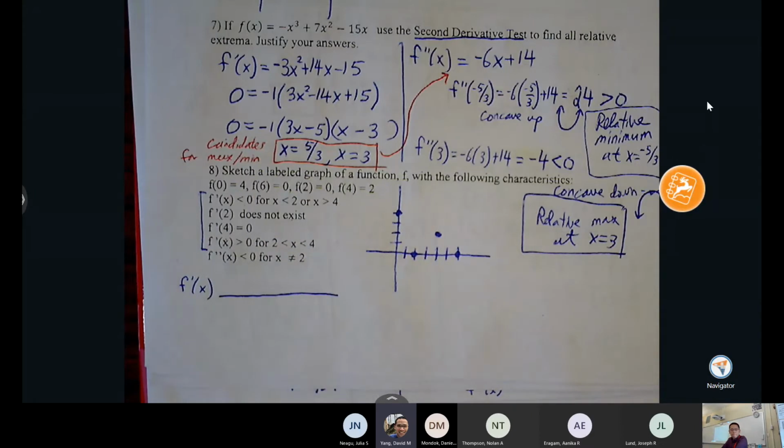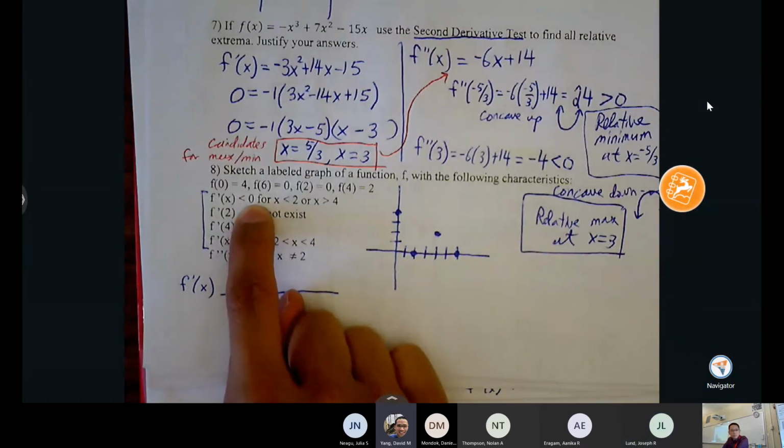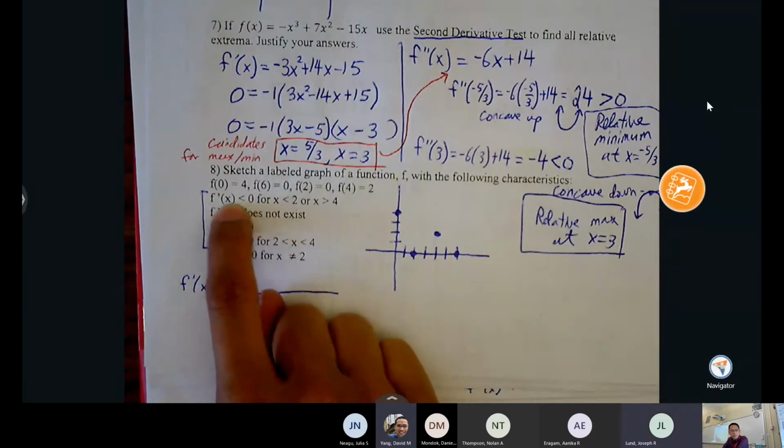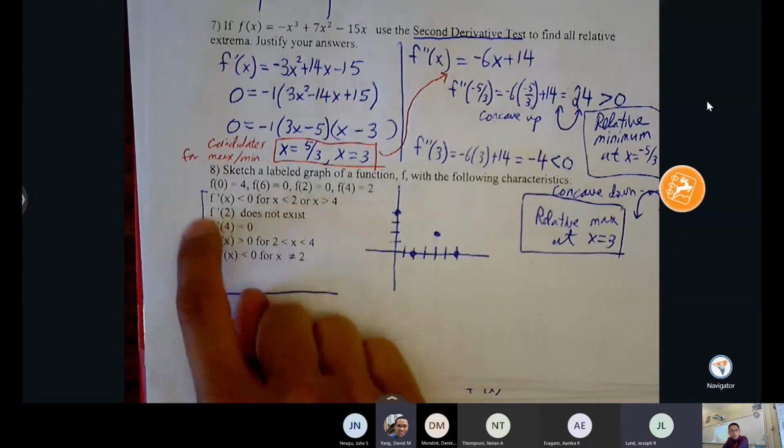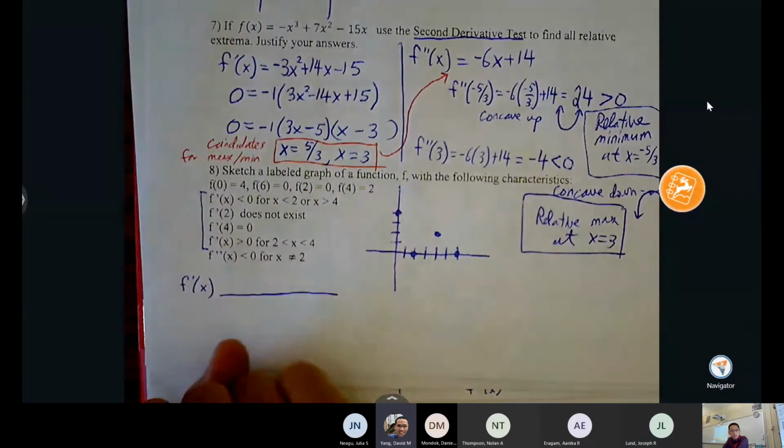What do you guys think? What x values are highlighted in those statements? Would it be 0, 2, and 4? Is 0 representing an x value? No, actually, this would be talking about slope, right? So what are the only x values that we see represented in these statements?